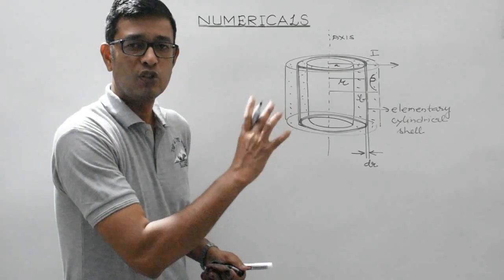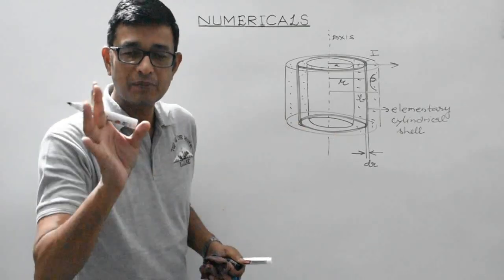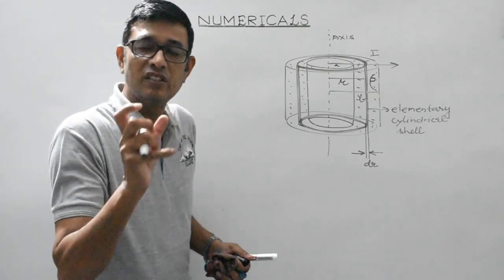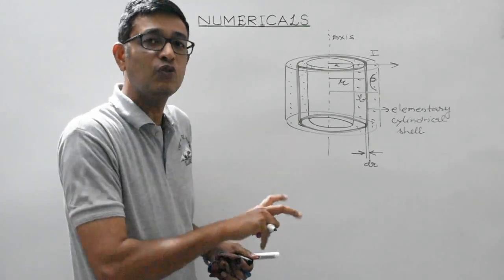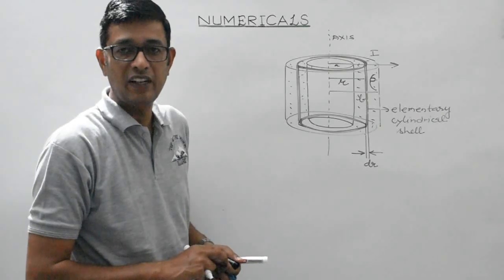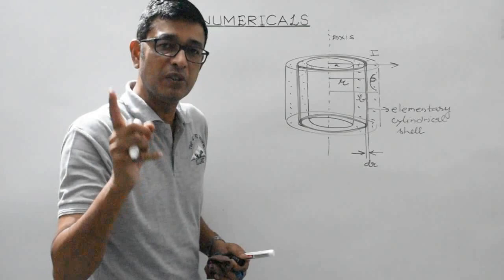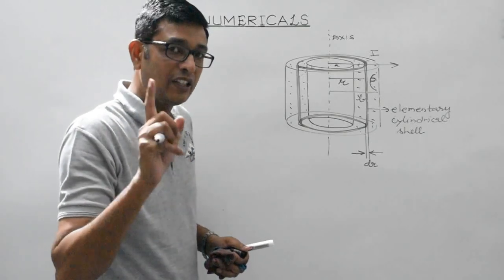So between the earlier question and this question, there is no change except that the shape of the conductor gets changed. There it was the case of concentric spherical shells. Here it is the case of coaxial cylindrical shells. Right, students? And the space between these two cylindrical shells is filled with a medium of specific resistivity rho.